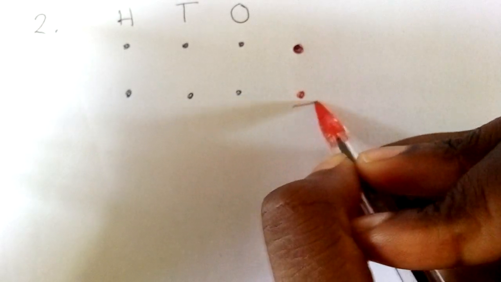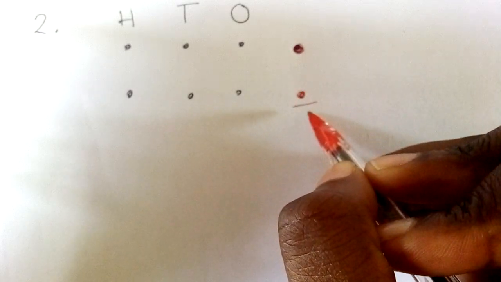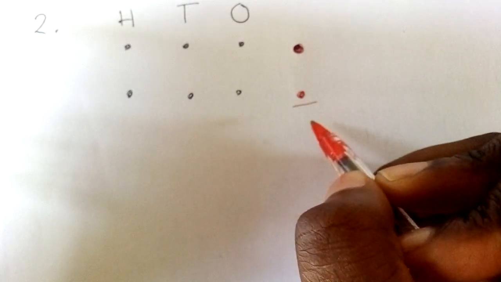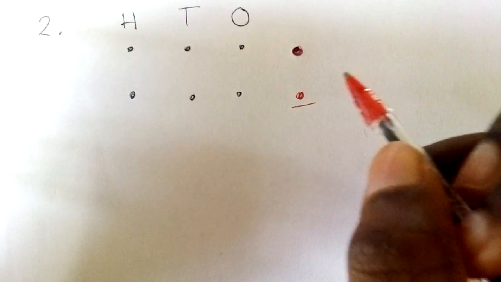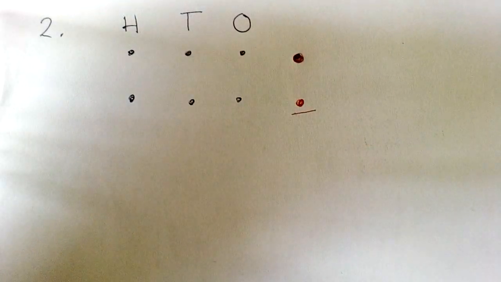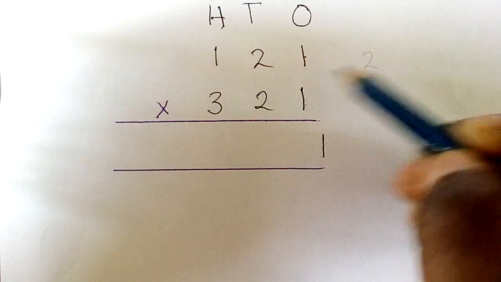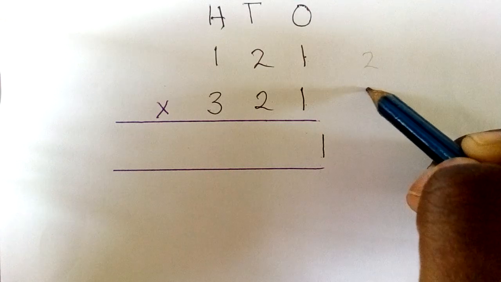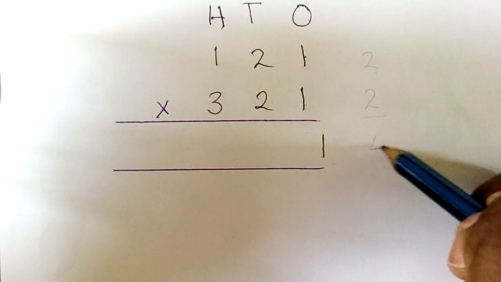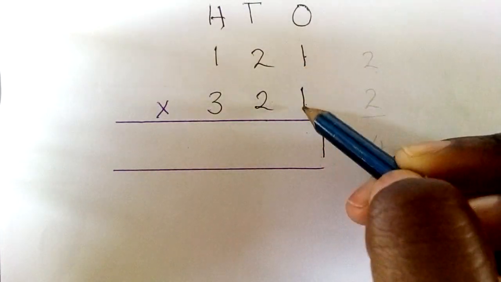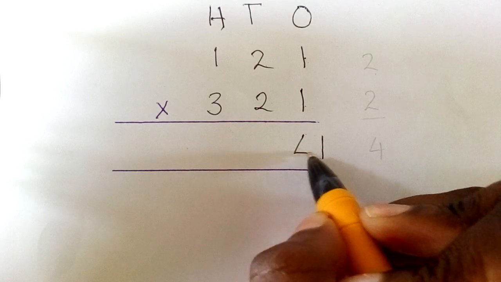We will add these two numbers and write the answer after adding these two numbers. We will write the number right below the ones. So we multiply 2 times 1, giving us 2, and 2 times 1, giving us another 2. We add these two numbers, 2 plus 2 is 4, and write the 4 right below the ones. 4.